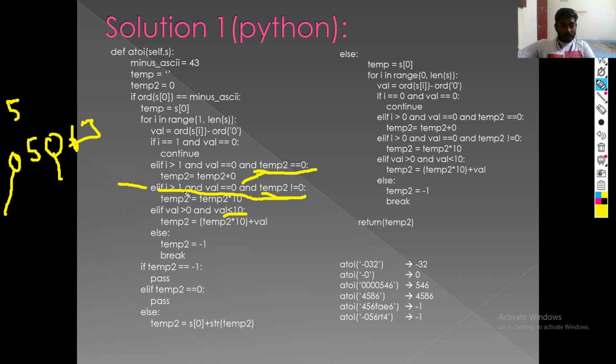We are getting a value of i greater than 1 and value is equal to 0. The reason is the digit 0 is obviously 0. The temp is greater than 0, previously we passed a 5, so it will come under this statement, and the value will be 5. So it will come here and multiply temp by 10 only.